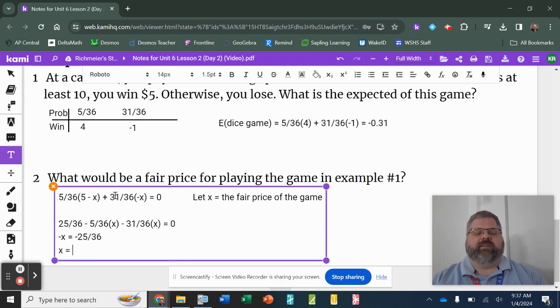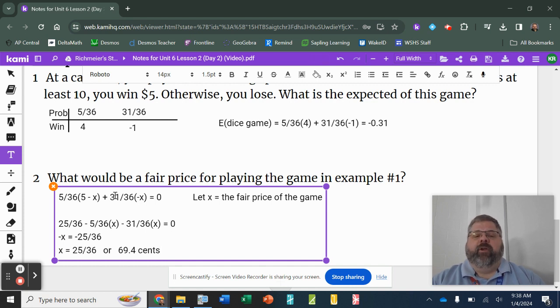I'm going to have x is equal to 25 divided by 36, which isn't exactly helpful in a game like this because I want to know a price for the game. However, if I enter this in my calculator, it turns out to be about 69.4 cents. There are some additional decimal values, but 69.4 cents is going to get us really close. You could even say 69 cents and it would get you really close to being a fair price for the game.